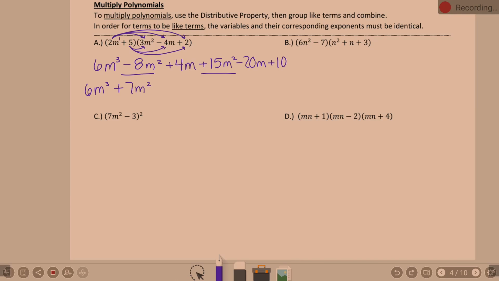And 4m goes with minus 20m. 4 minus 20 is minus 16m. And don't forget, bring down the plus 10. Good.